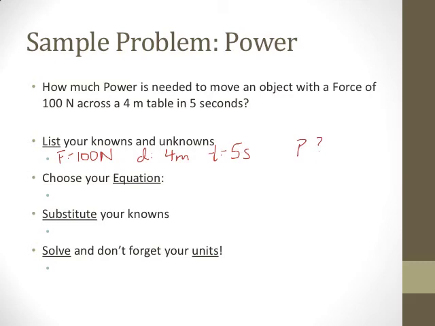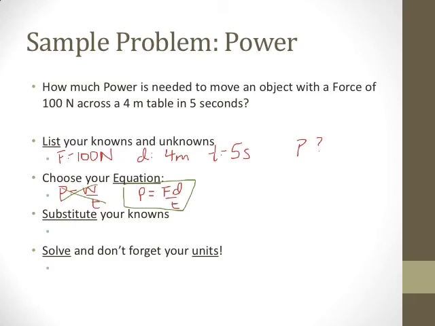To choose your equation, we have our two power equations. We have power equals work over time, and we have power equals force times distance divided by time. Which one better fits our knowns? Since we have force and distance, we're going to be using that version of the equation.